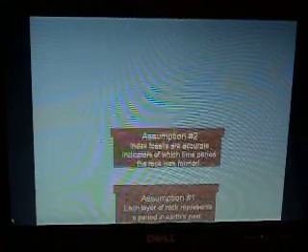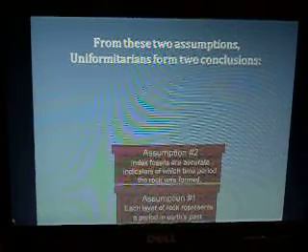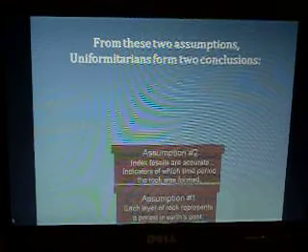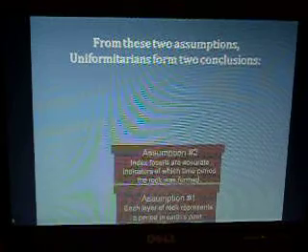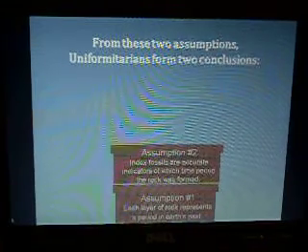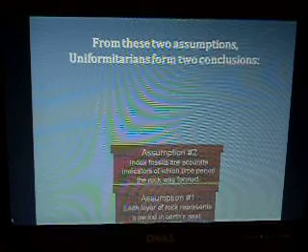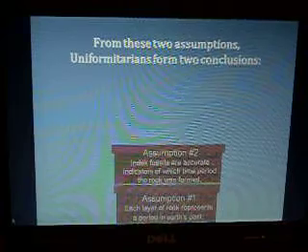The second assumption that we talked about last week was that index fossils are accurate indicators of which time period the rock or layer of rock was formed. We spent a lot of time talking about this and a couple of reasons that we would question this assumption.